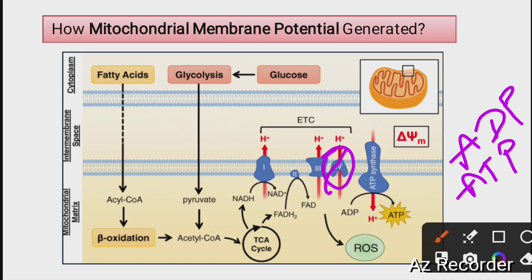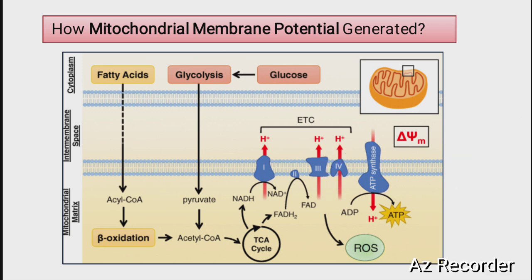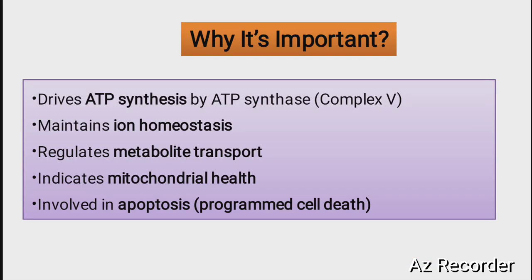This is the final step of oxidative phosphorylation, where electrical energy is mainly transformed into chemical energy. That is all about how the mitochondrial membrane potential is generated and how ATP synthesis occurs. Next we'll see why this membrane potential is important.